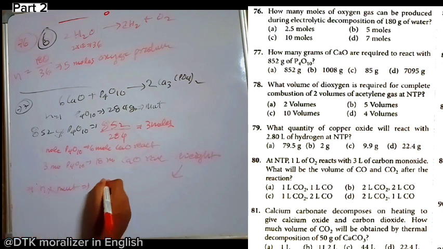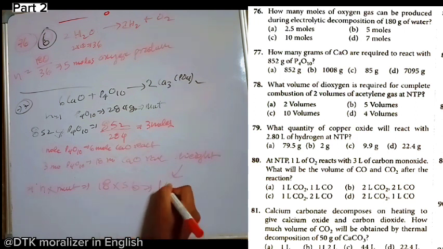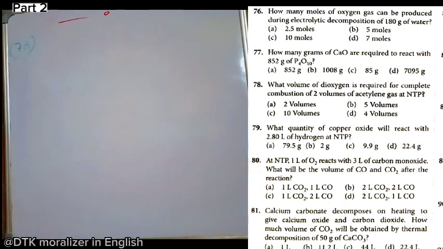From this, the weight obtained is n into molecular weight, 18 into the calcium oxide molecular weight, which is 56, equals 1008 grams. So here option B is right.